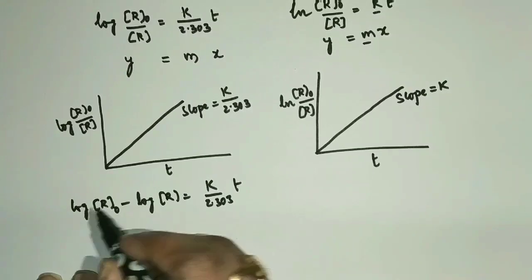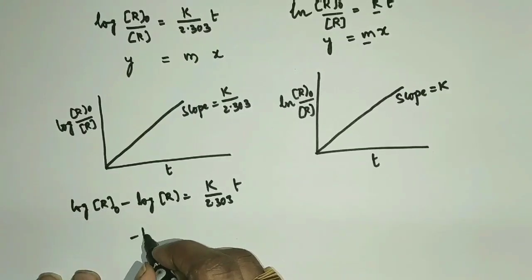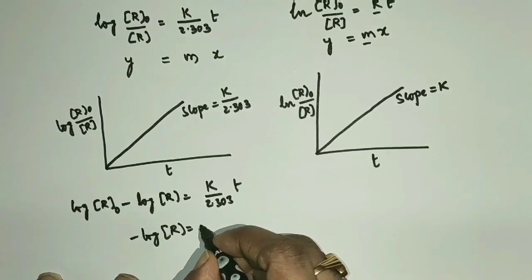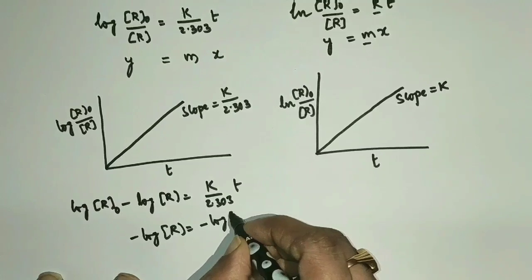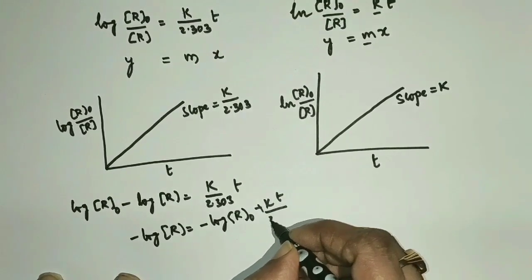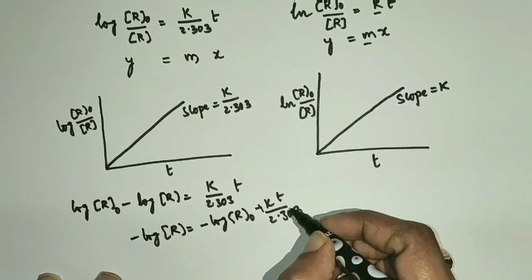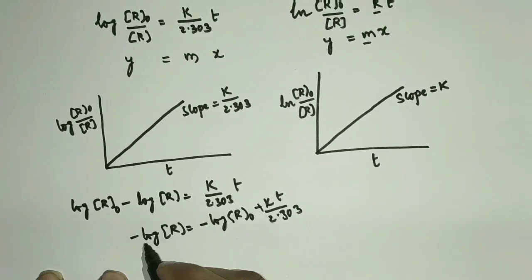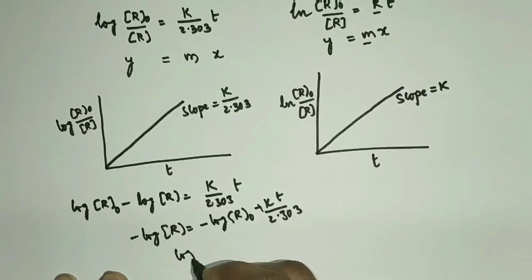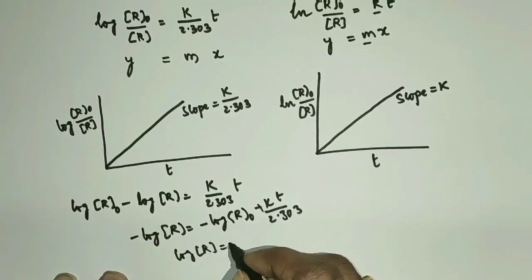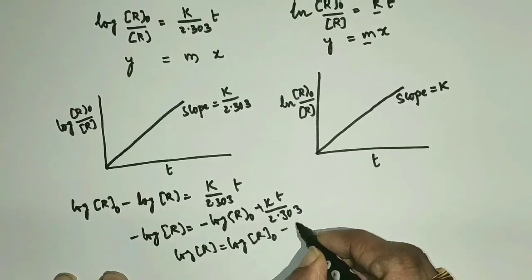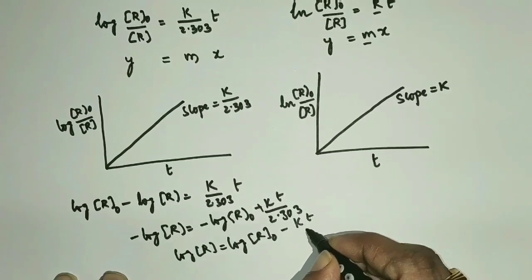So minus log R is equal to minus log R naught plus kt by 2.303. I am multiplying the whole equation by a negative sign. Then log R equals log R naught minus kt by 2.303.